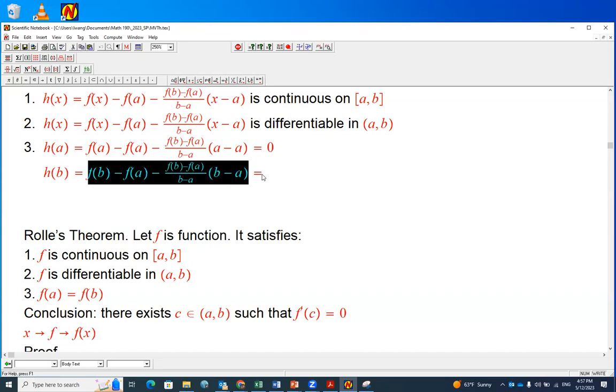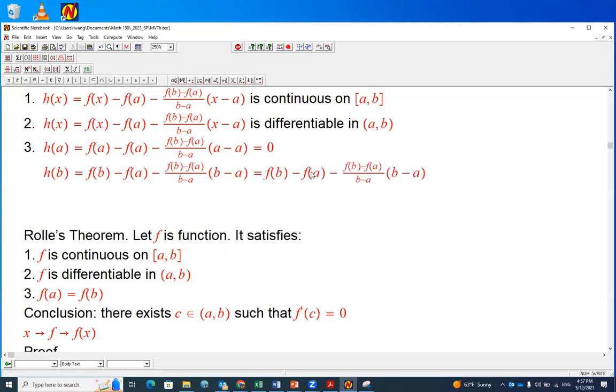So we will get f of a minus f of b. So then we don't have to leave it here. This piece, f of a minus f of b minus f of a minus f of b, that is 0 again. So the third condition, i.e., h of a is equal to h of b.